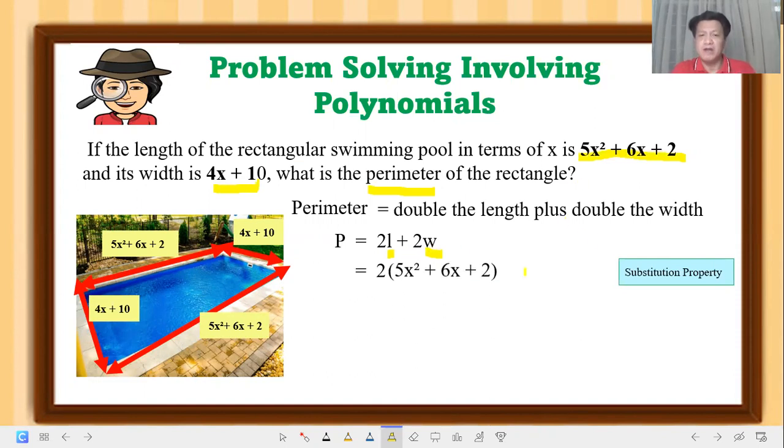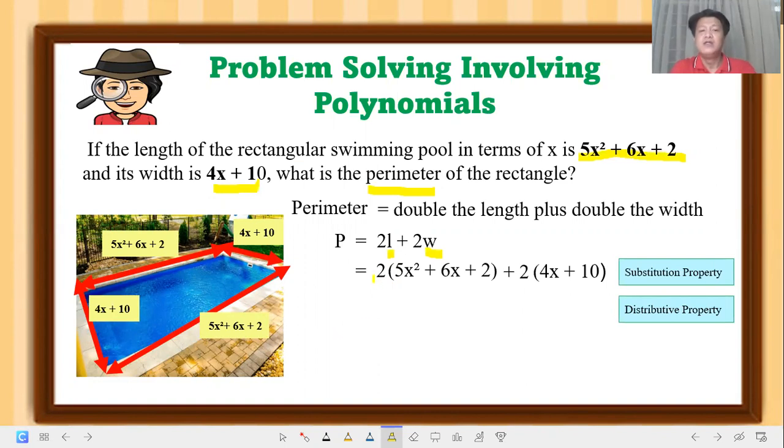That is the substitution property. Later on we will multiply. For the width, we also substitute 4x plus 10. Remember, when there is a constant outside the parenthesis, we apply the distributive property. We distribute it one by one.